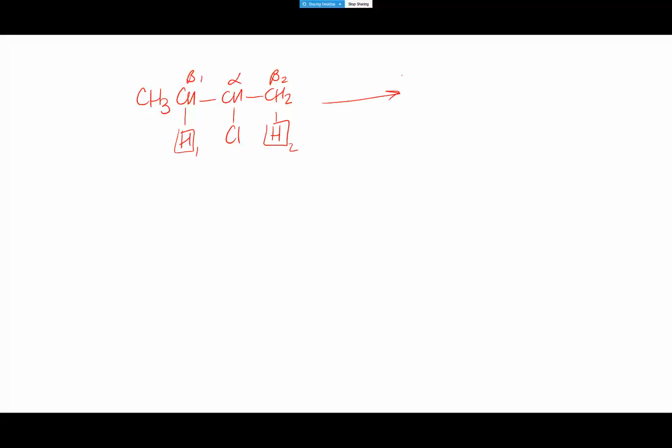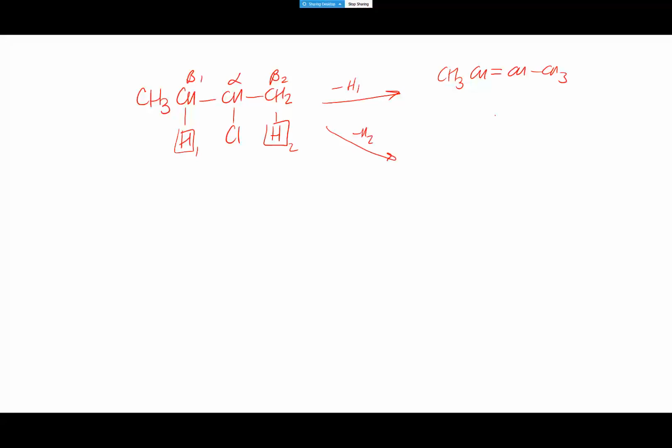If I lose beta hydrogen 1 from the base coming in and ripping it off, I'm going to form 2-butene.